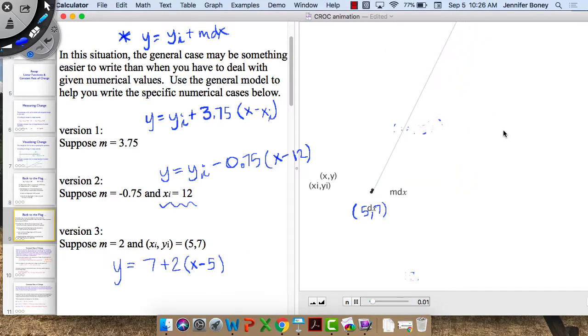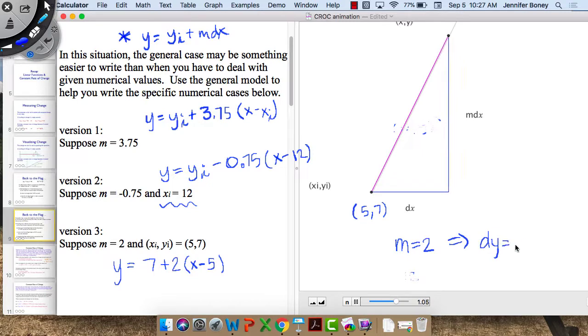The y value changes by twice what the x changes. So if m equals 2, then the change in y is 2 times any change in x. However many minutes go by, the increase in the number of people inside Gamage Auditorium is twice that increase in amount of time, where I measure the time in minutes, maybe.